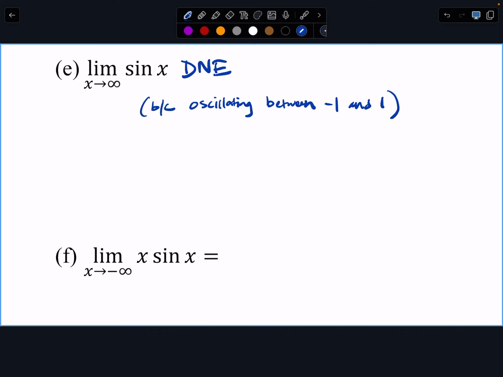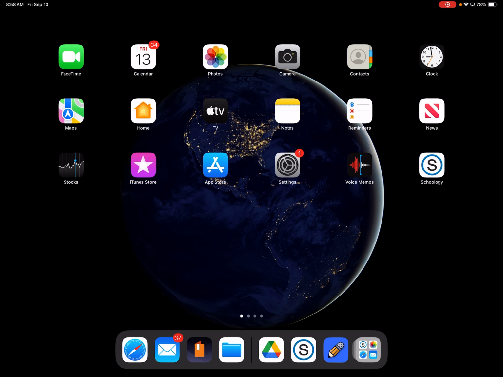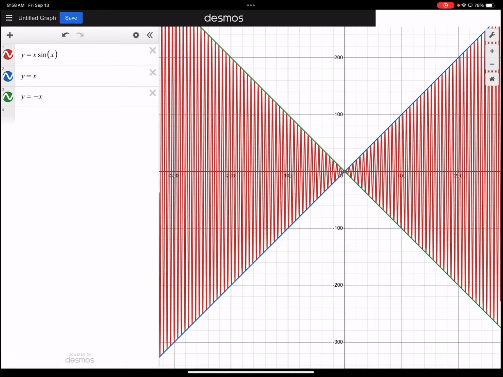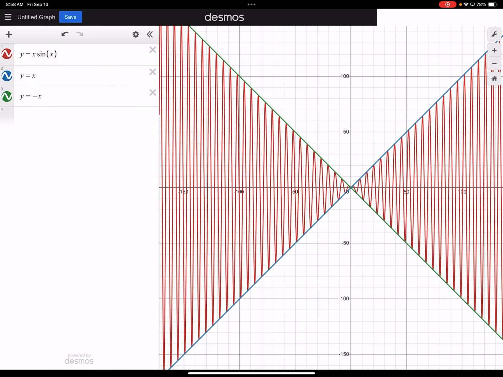So what would be happening to the graph? It would be oscillating as x approaches negative infinity between positive and negative infinity. And this makes sense, right?